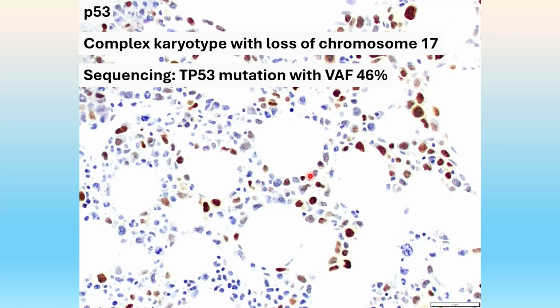And then p53 here is highlighting a subset of the cells with a pretty strong staining. And on higher power, I think we can see that it's predominantly in the erythroid cells and maybe some megakaryocytes. This patient turned out to have a complex karyotype with loss of chromosome 17 and at the same time a p53 mutation, so this would fit into the multi-hit p53 alteration.